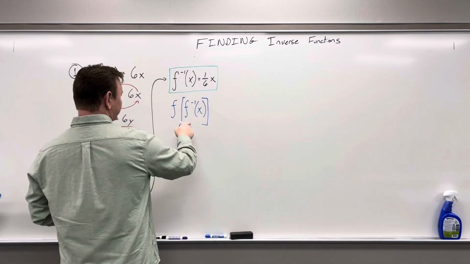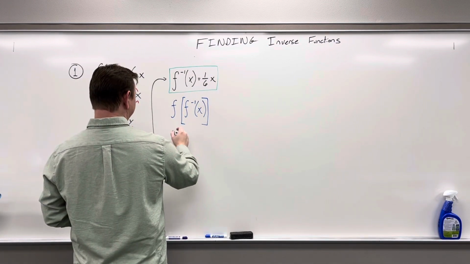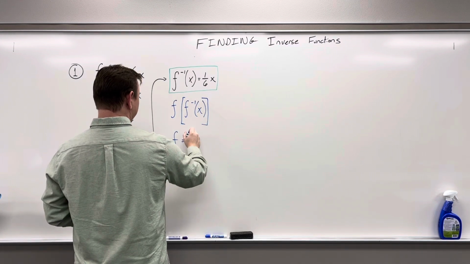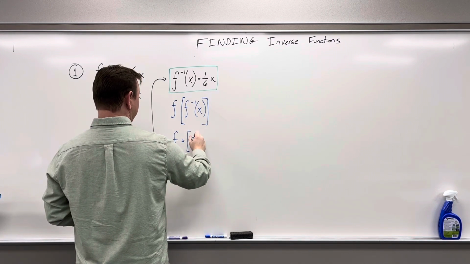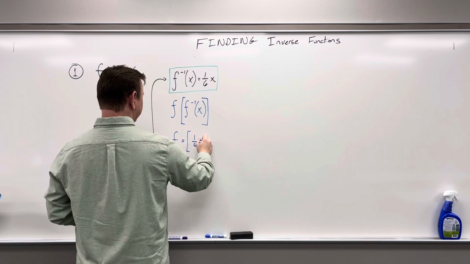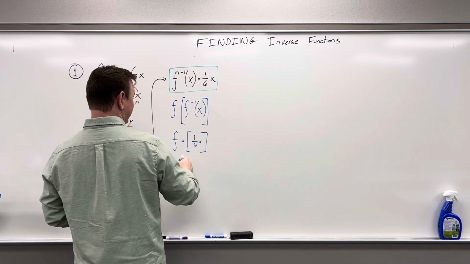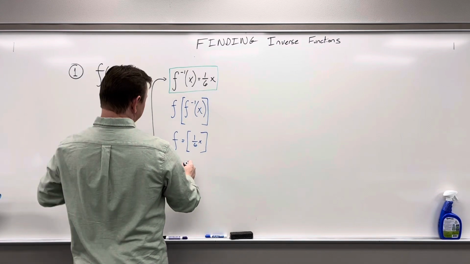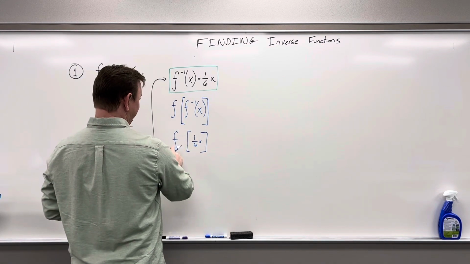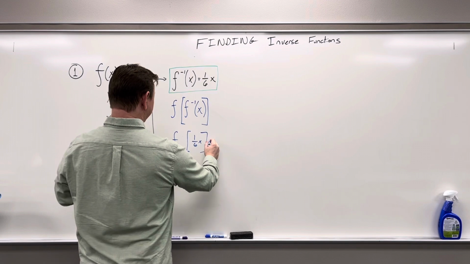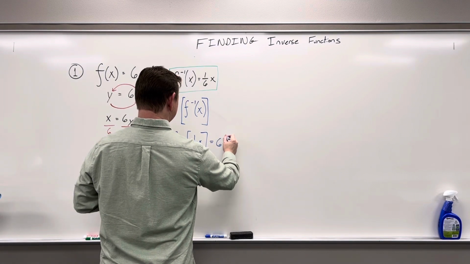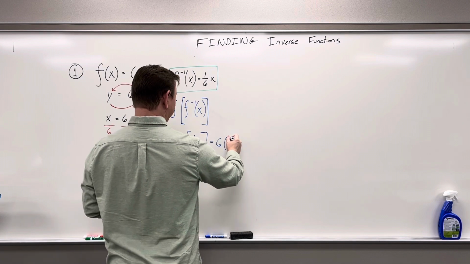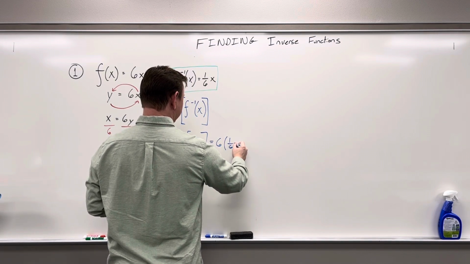So now we know that 1 over 6x is that guy, and now we're going to put this back into this function here. I put an equal sign, I meant that. And so now wherever x is, we're going to put this 1 over 6x in there.